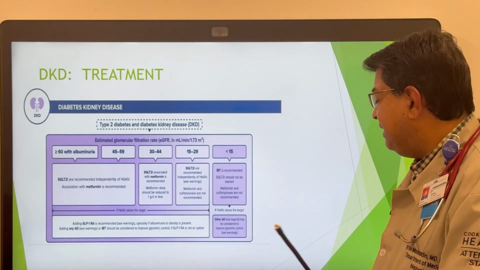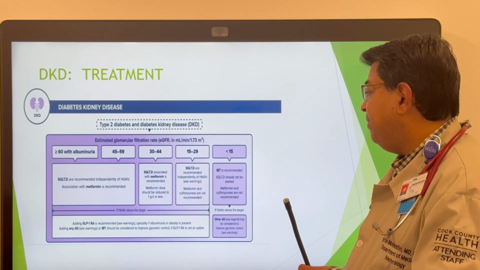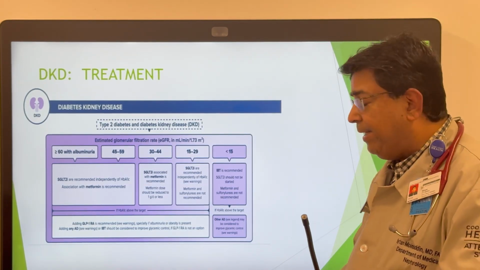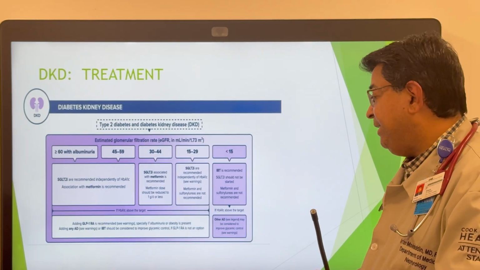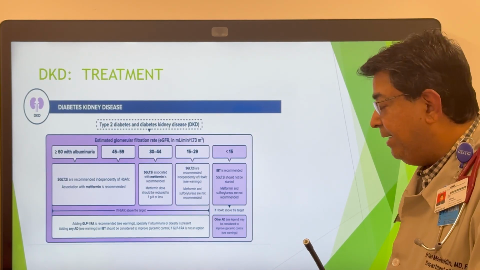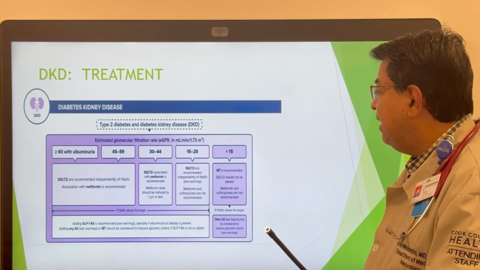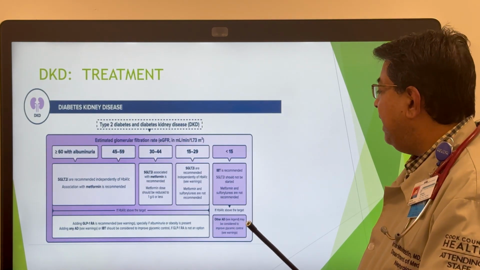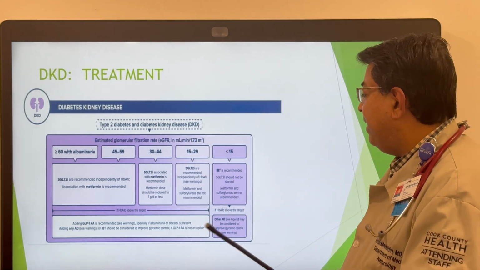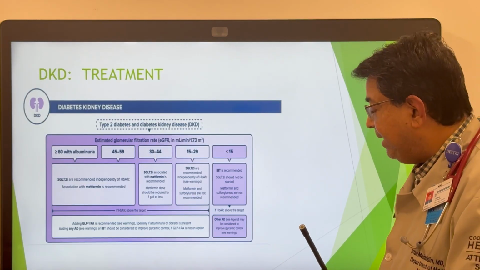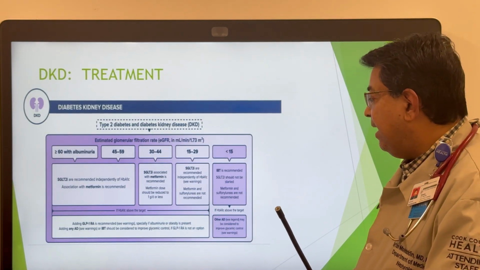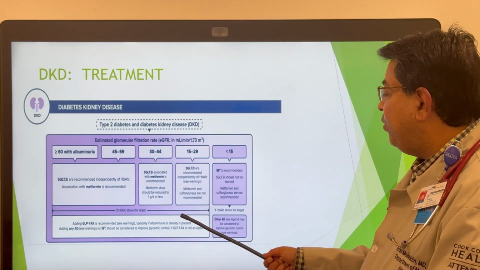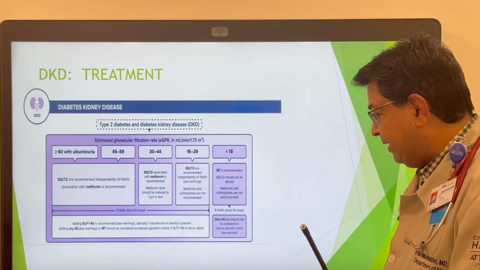If your GFR is 15 to 29, you can still use SGLT2 inhibitors, although some nephrologists will not use SGLT2 inhibitors below 20 milliliters per minute per body surface area. And obviously at this GFR, metformin and sulfonylureas are not recommended. You should add GLP-1 receptor agonists, especially if albuminuria or obesity is present.